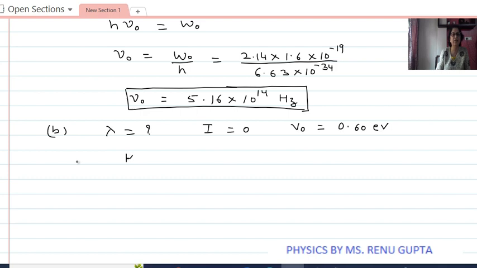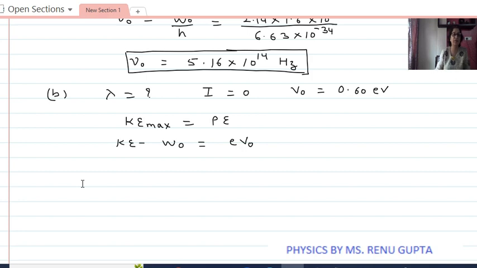In that case, we can say that the maximum kinetic energy is equal to the stopping potential energy. So the maximum kinetic energy, given by the energy provided minus the work function, is equal to eV0, that is the potential energy provided by the stopping potential. Now the energy provided is given by hc by lambda, so hc by lambda minus the work function is equal to eV0.